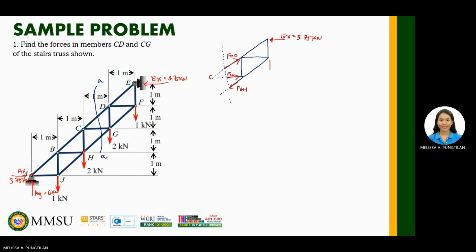And then, 1 kilonewton here. And another 1 kilonewton. 2 kilonewton rather. And then, of course, the distances. So, yung mga distances natin are all 1 meter naman. 1 meter, 1 meter. Also, here at the horizontal, 1 meter.